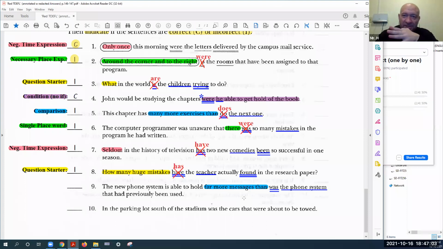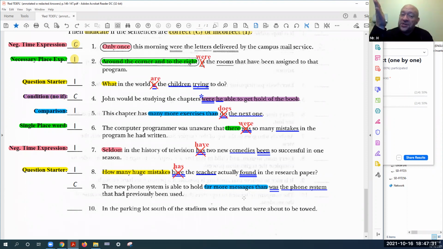System is a singular subject, was a singular verb. So yes, they match. No, I remember I put incorrect. Oh, you thought it's incorrect? Yes, I thought it's strange when I read it. Was the phone system? That's formal. Yeah, it's very formal. And so, yeah, it sounds strange.